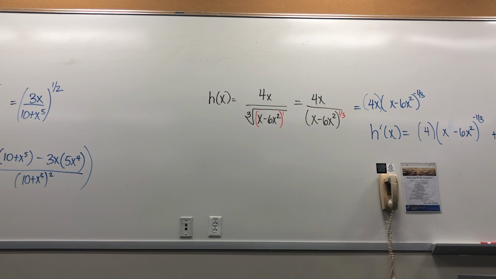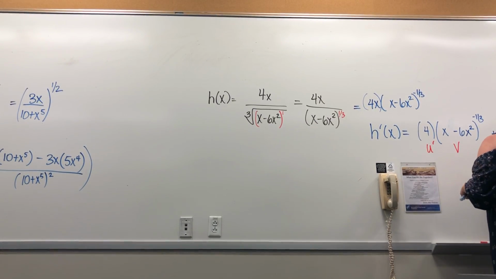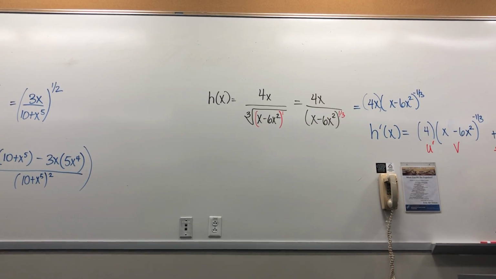Nice. So let me label all your bits. Here's u prime, here's v, here's u. And all of this is v prime, because v used d out times dn.